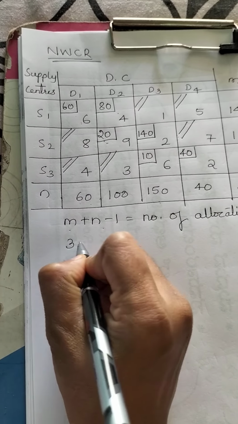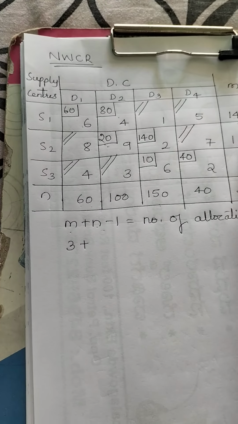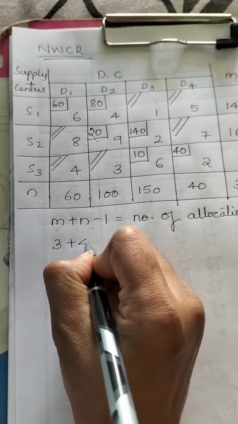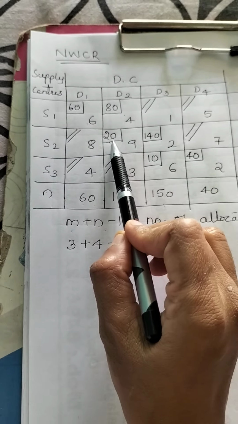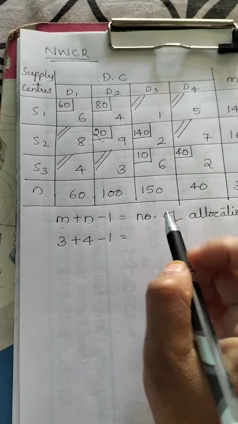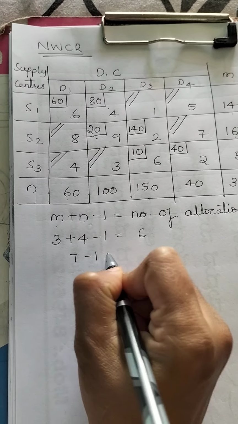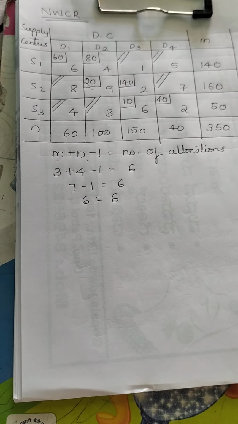So there are 3 rows. For n, don't consider the demand row, just the distribution centers. There are 4. So 3 plus 4, 7 minus 1 equals 6. How many allocations? 1, 2, 3, 4, 5, 6. 6 allocations. 6 equals 6.